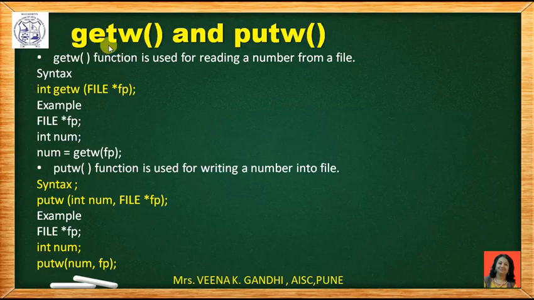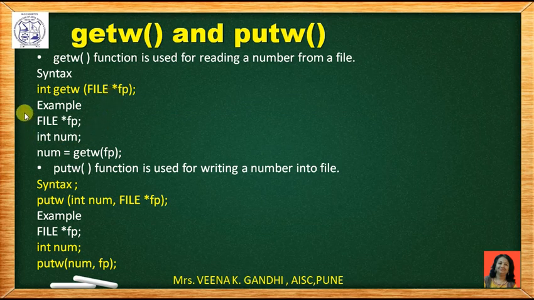Next functions, getw and putw. Both these functions deal with integer data. The getw function is used for reading a number from a file. Syntax: getw, and it accepts the file pointer. It reads a single integer number from the file and stores it in a variable.